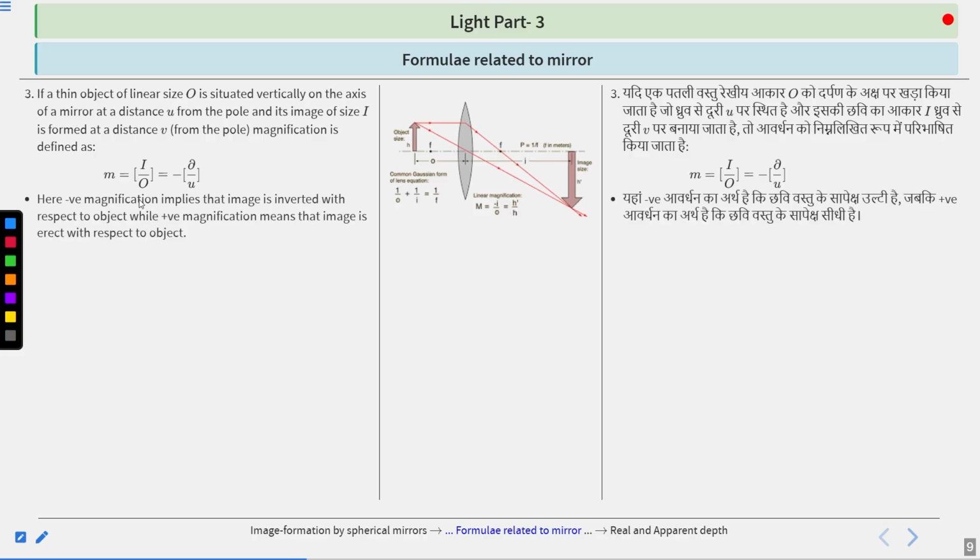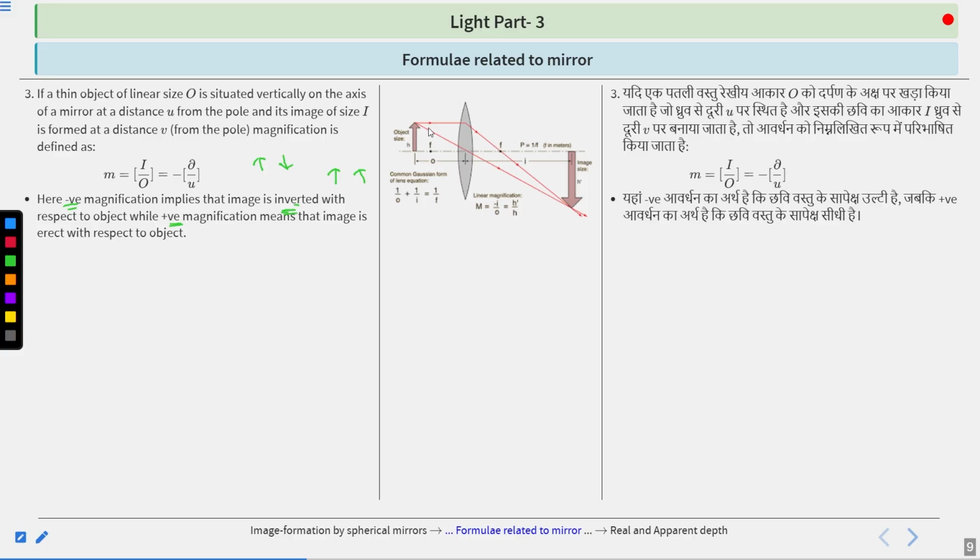Here, negative magnification implies that the image is inverted with respect to the object, while positive magnification means that the image is erect with respect to the object. Okay, so if the object is in upward direction and the image is in the opposite direction, that will always be inverted. Magnification will be negative. Okay, if the object is in upward direction, the image is also in upward direction, that will be a case of positive magnification. Why? Because the image is erect.